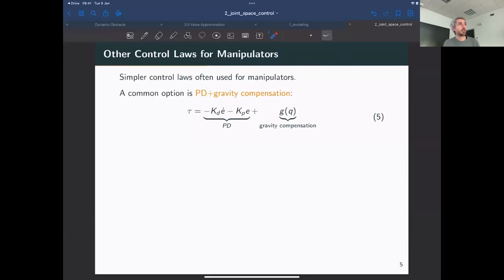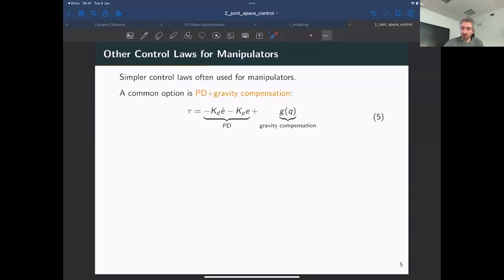There are also other even simpler control laws for robot manipulators, which I'm just mentioning here for your information. One very common is PD plus gravity compensation. I think for robot manipulators, this is probably one of the most popular, if not the most popular. So you're just compensating for gravity, which is doing most of the job on a robot manipulator.